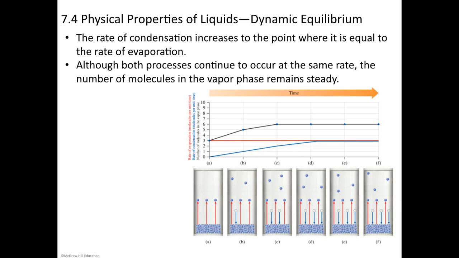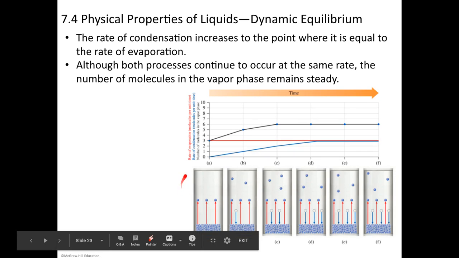The way this works is, if we've got a liquid with a gas above it, but essentially no gas here, initially some vapor is going to jump into the gas phase. That's this first step. In the next step, some of those particles slow down and go back into the liquid phase.